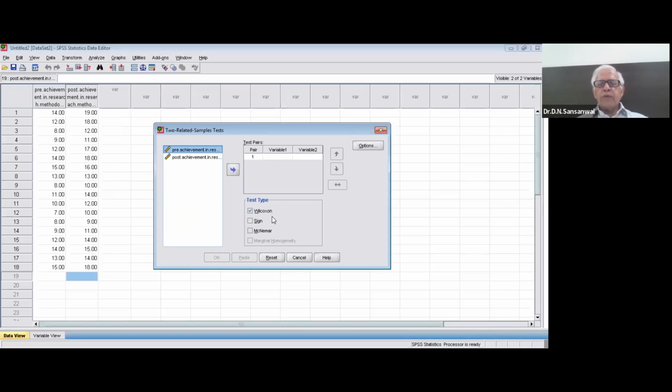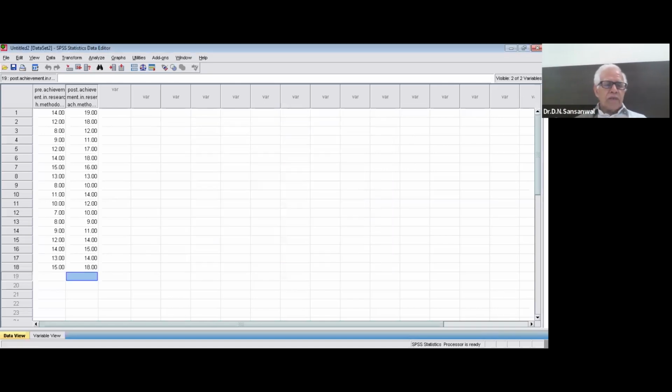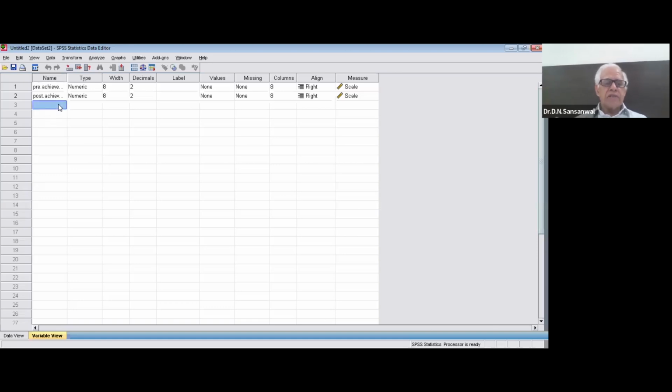Now here, do you find Wilcoxon? It is already highlighted. Now you have to shift both the variables to the right-hand side dialog box. If you have another variable, say if you want stress, then you can do it like this also: you have a pre-stress and then post-stress of the same group.